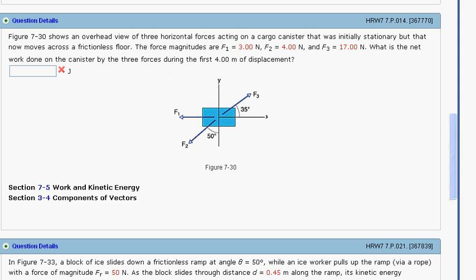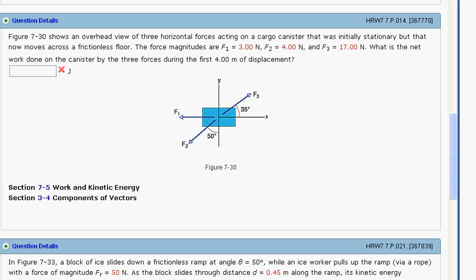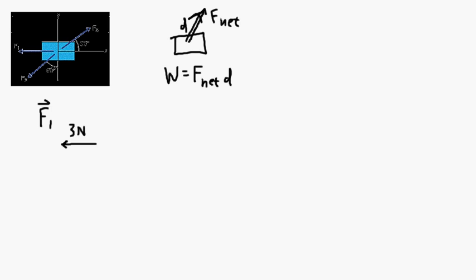So F1 was 3 newtons, and that went like that. F2 is 4 newtons, and it's at a 50-degree angle from vertical, which means it's at 40 from horizontal. So F2 is 4 newtons, and this here is a 50-degree angle.